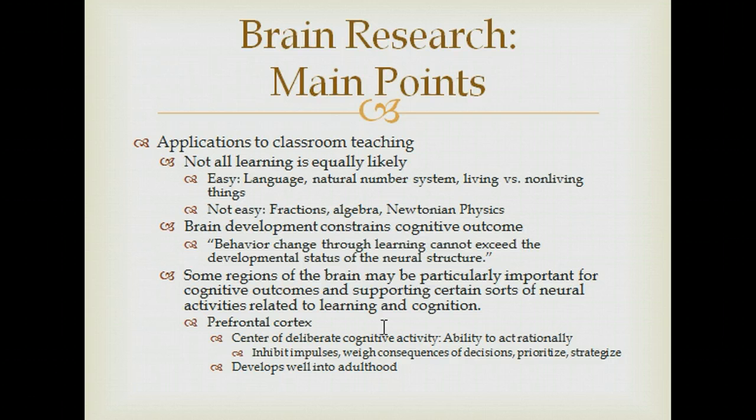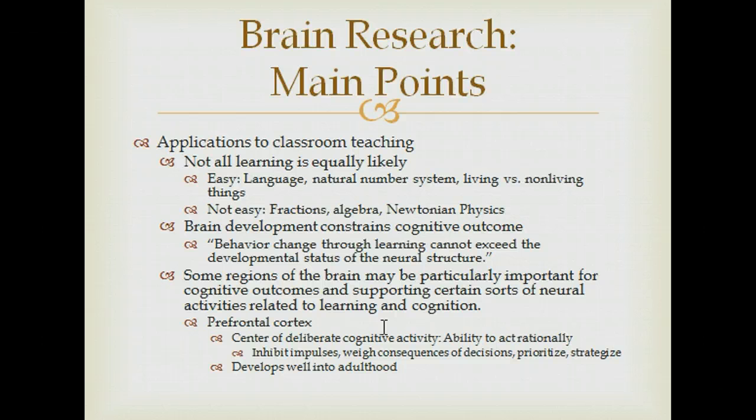So your ability to inhibit impulses, weigh consequences of decisions, prioritize, strategize. These are all skills that are very important for students in school, and we have to realize that that prefrontal cortex that helps regulate these ideas doesn't stop developing until well into adulthood.